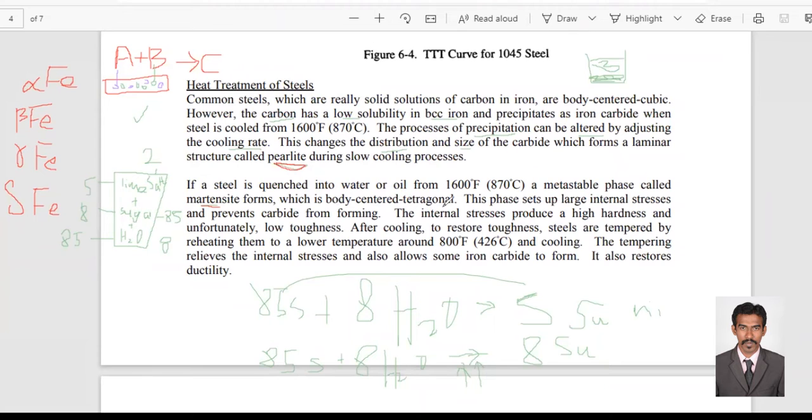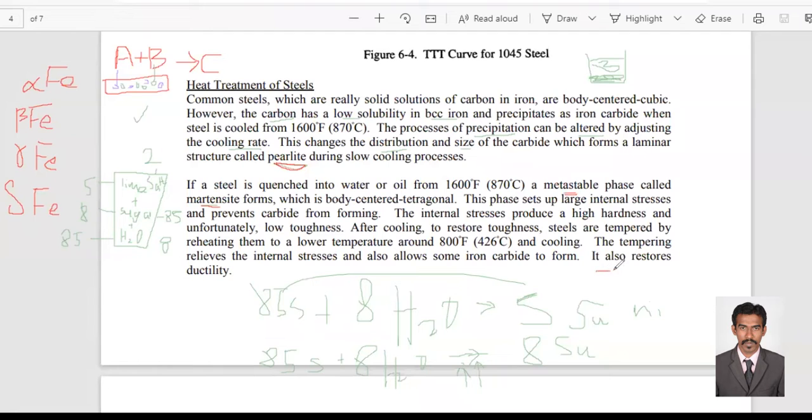Which is body centered tetragonal. So again, if a steel is quenched into water, so here we were doing slow cooling, right? Slowly we were cooling it. But what we are doing here is cooling it at a fast rate, which will form a metastable phase. Metastable means it is not very stable. Okay, it is in between two phases.